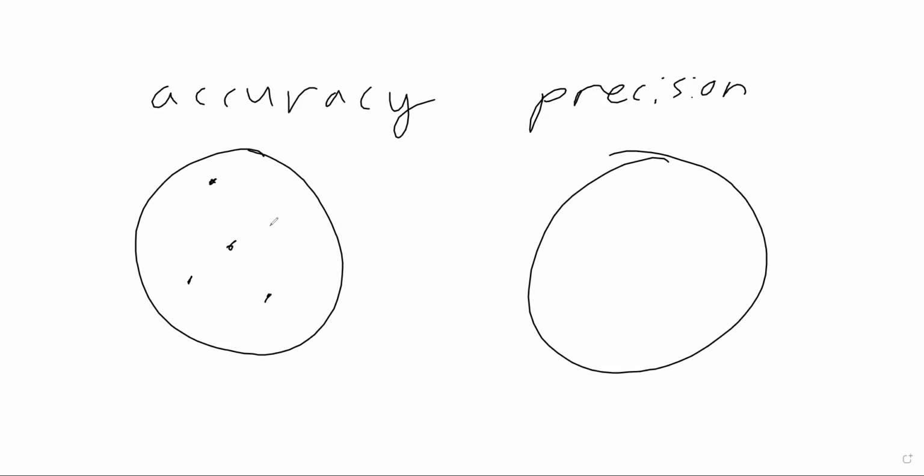So if I have a bunch of different measurements that go around, remember that our center point is this one. But with accuracy, we're looking for a center point or an average that's really close to our center point.